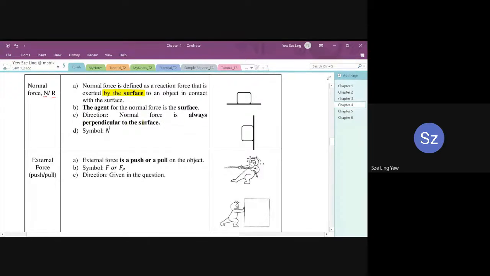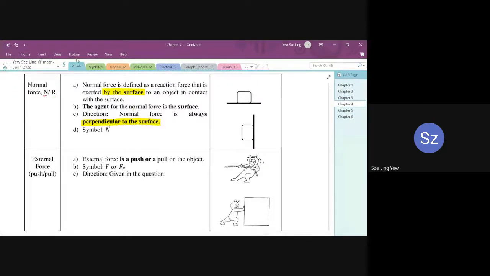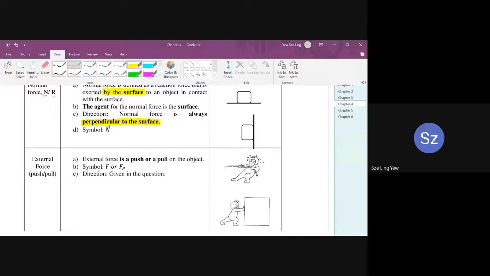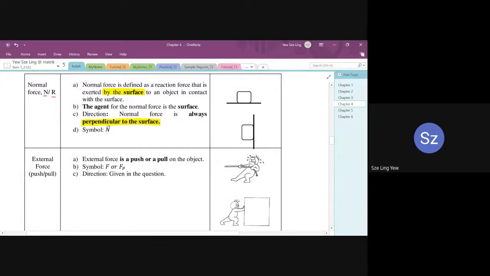So if there's no surface, for example a hanging object, then there's no normal force. Our object must be in contact with another surface, not necessarily the floor. If you place an object on top of another object, they will also experience normal force or reaction force.